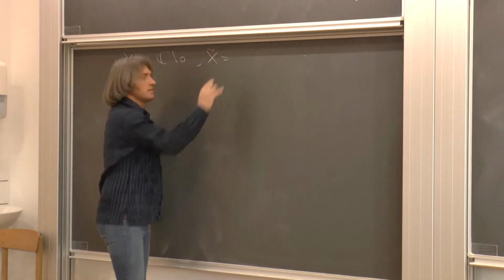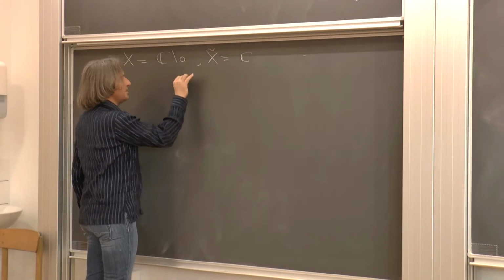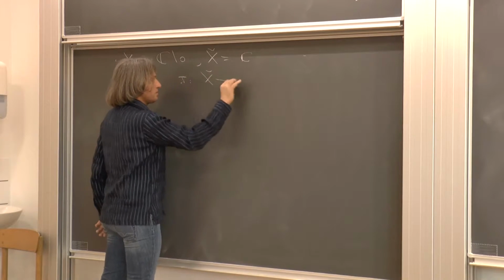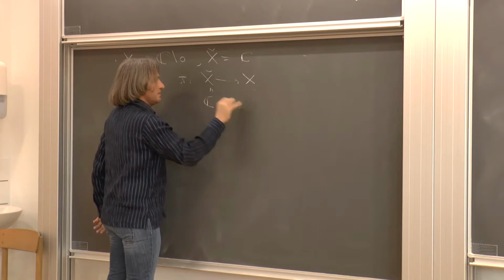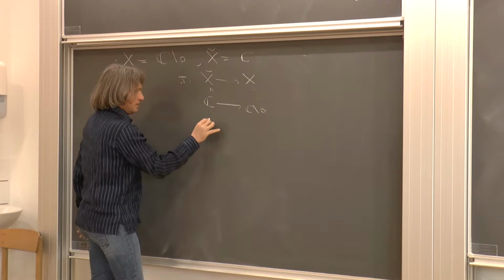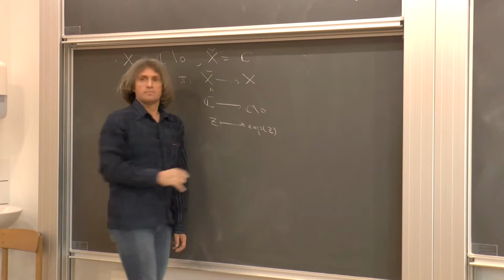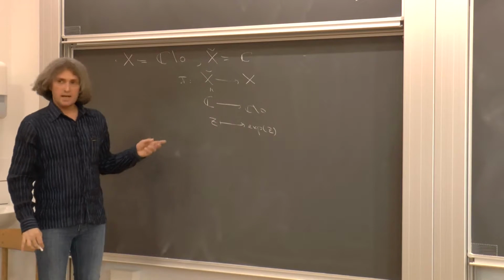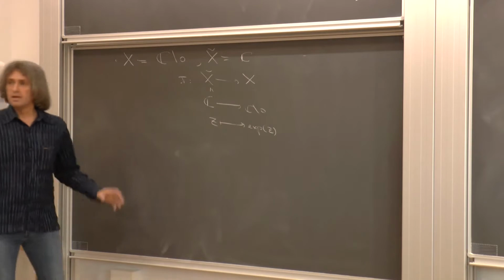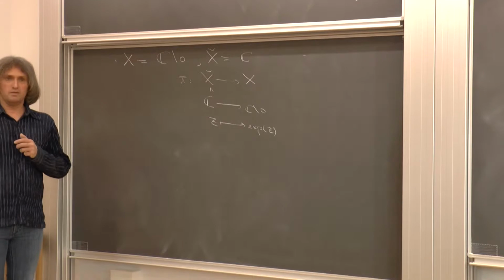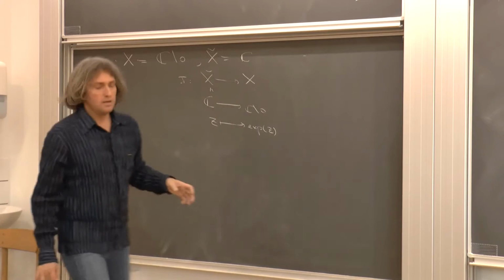X tilde is C. And the map pi, from X tilde to X, so from C to C without 0, of course, takes z to exponent of z. So the map we've been studying all this time, like a typical holomorphic map, is the universal covering map for C without 0.